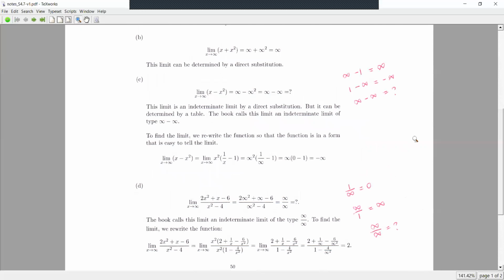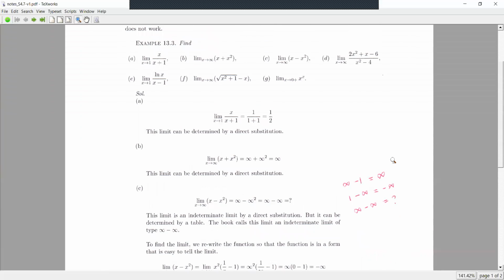The limit in g. When x approaches 0 from the right side, that means that x is positive. When x approaches 0 from the right side, what number does x to the x squared approach?